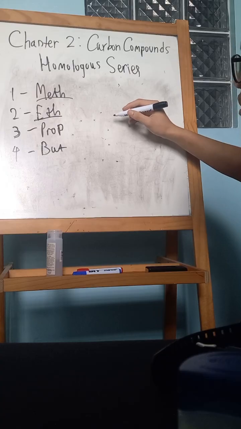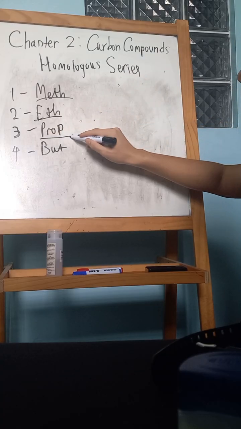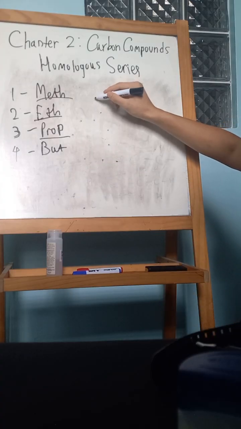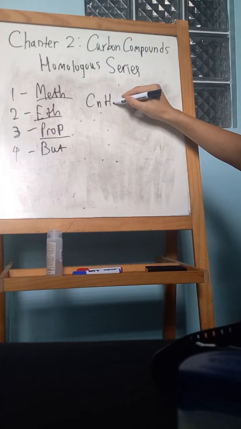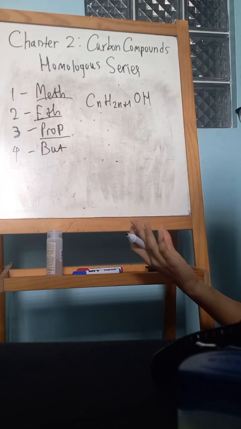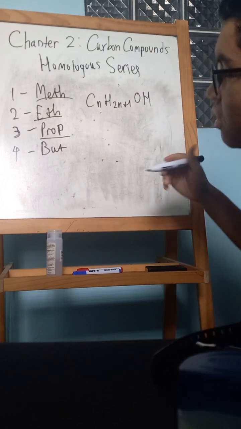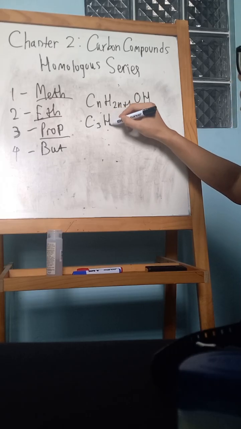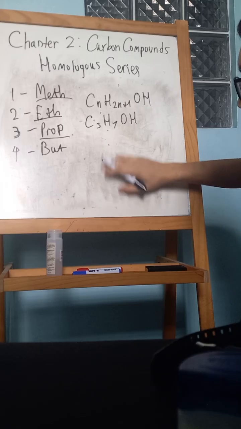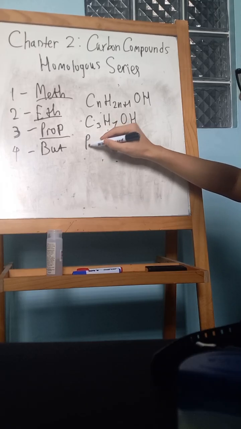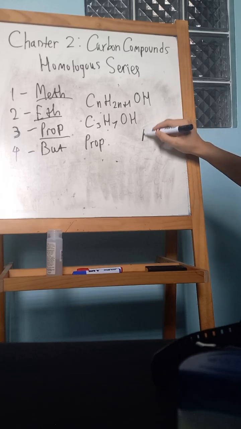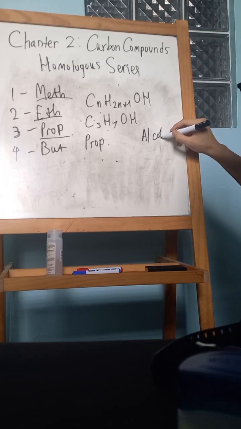Alcohol. Let's say the alcohol has 3 carbon atoms. So from the formula up here, sub in how many carbon atoms there are, so you've got prop, and this is also called alcohol.